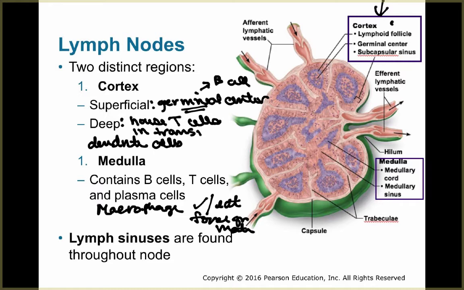They help present antigens to the T cells. So basically, this is the area that will help prep them for that. And so the deep cortex helps to activate both types of lymphocytes.